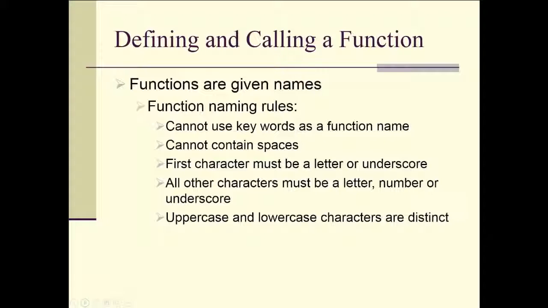All the other characters can be any letters, any numbers you wish to use, or an underscore. But the underscore is the only non-alphanumeric character that you can use. And in Python, the uppercase and the lowercase characters are distinct and different. So if you've got a function, let's say function 1, and you write it in all capitals, and you also write a function in lowercase, those are going to be two separate functions that can be called.